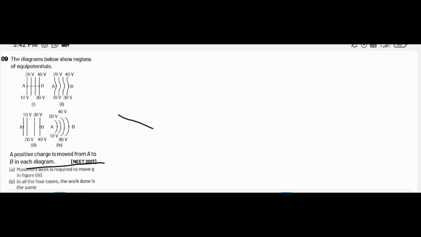Work done and potential, how are they related? Work done is equal to Q into delta V. That is, from point A to B they are asking, that is delta V, and then we can write it as VA minus VB, right? Again this is from the basics. They have told equipotentials.